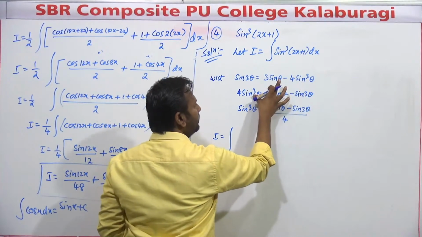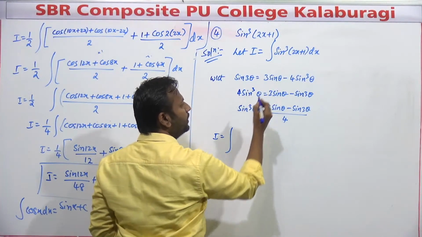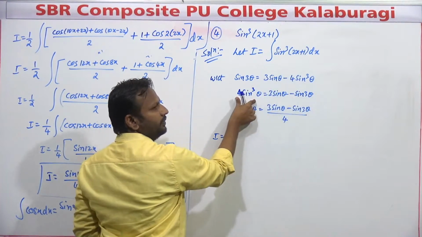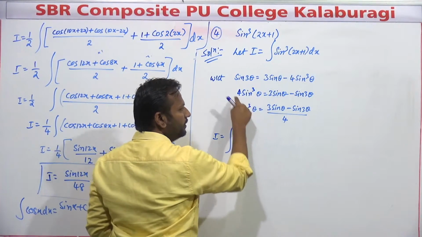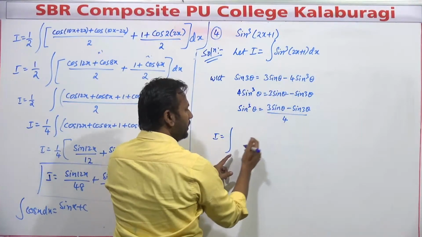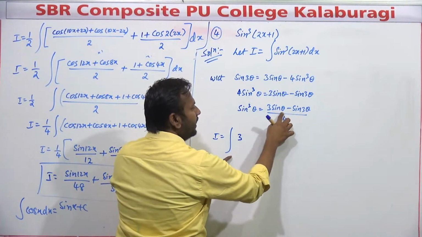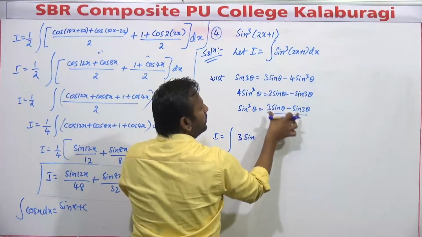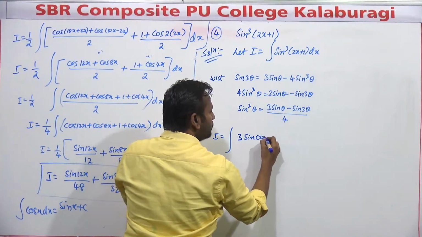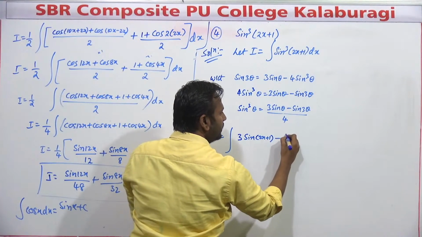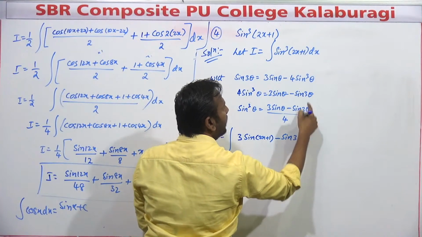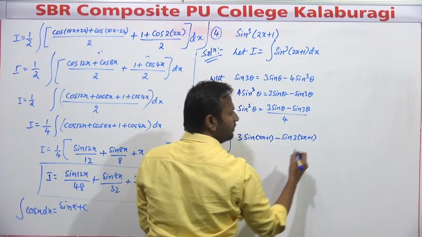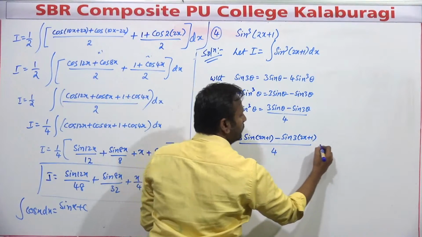Now apply the sine cube formula: 3 sine theta, where theta is 2x plus 1, minus sine 3 theta, where theta again is 2x plus 1, whole divided by 4.